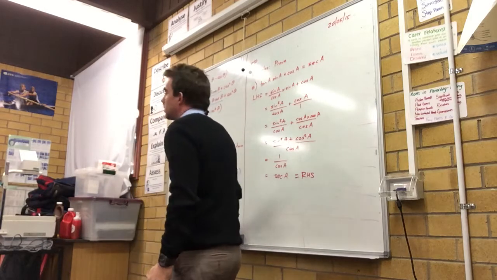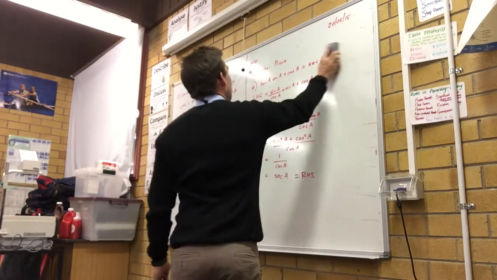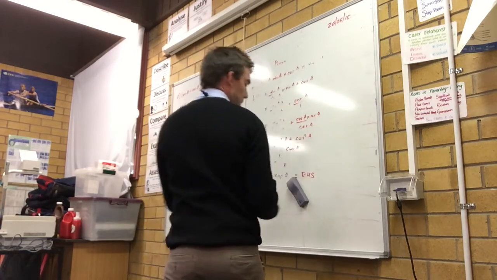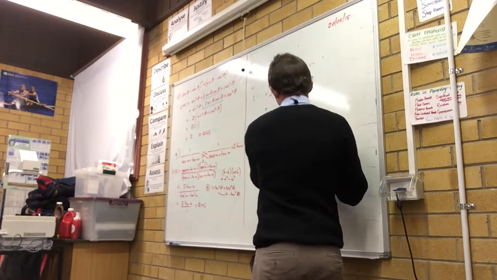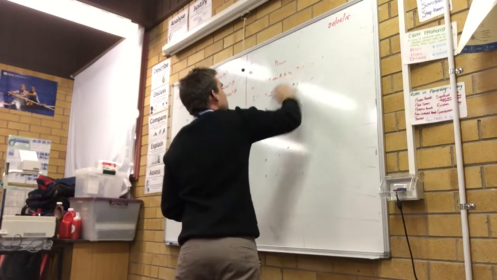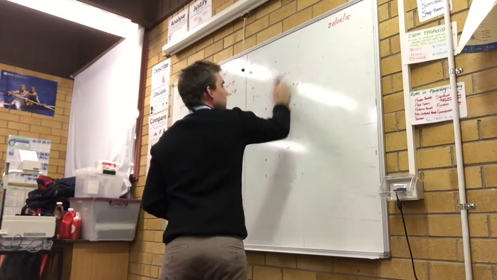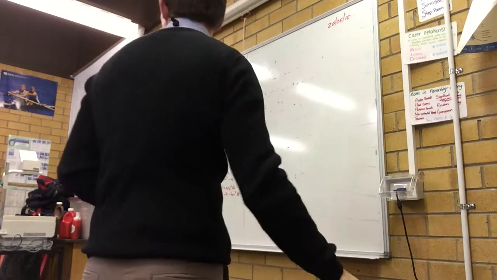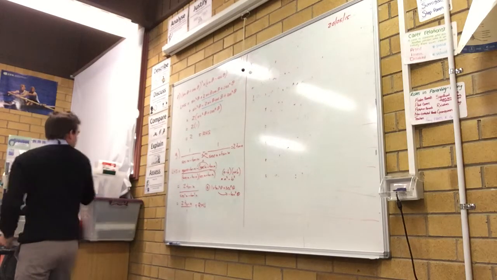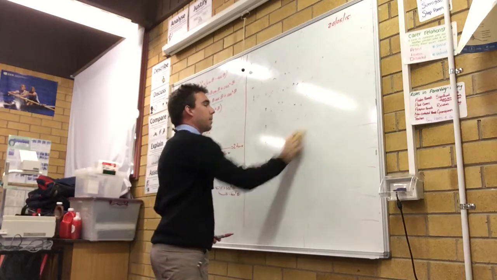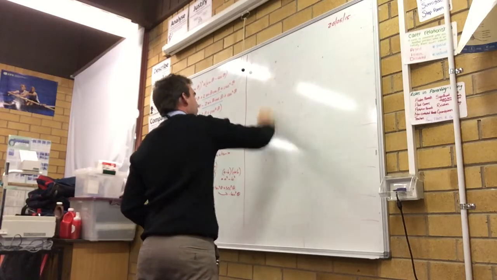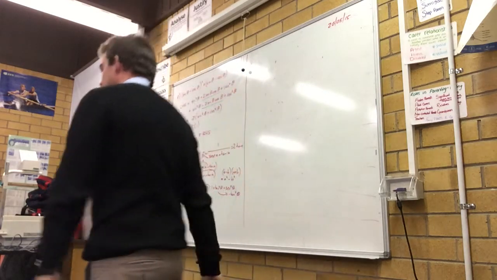A proof requires a complete set out of your reasoning. Any questions on that example?